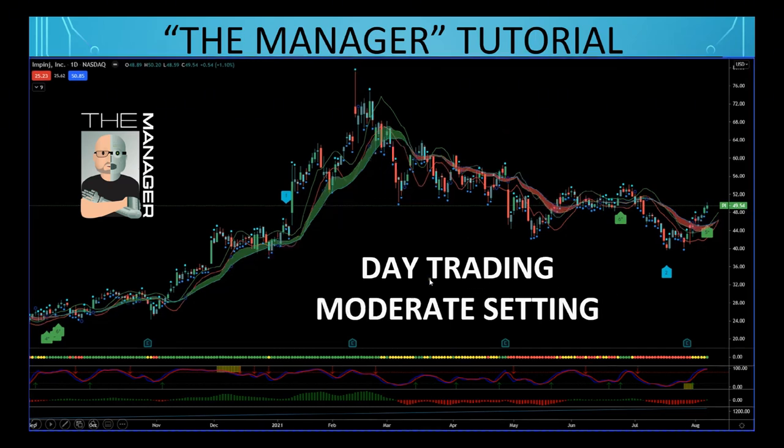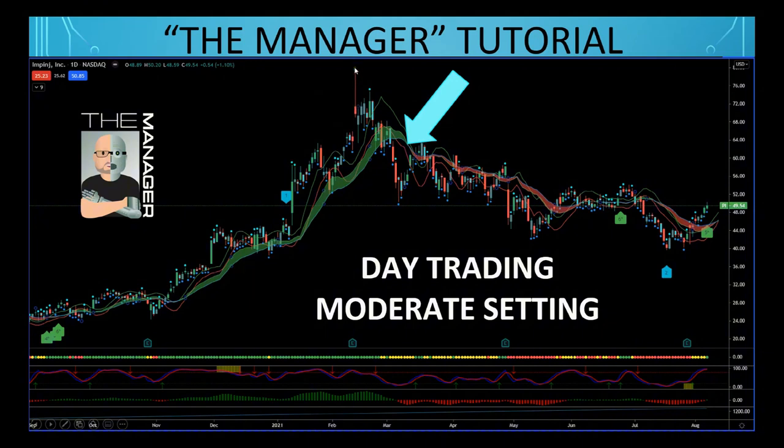Or what about going to day trading moderate setting? In this case, your profit would have been taken out around $62 here. So you've got those settings, but recognizing, and again, each one of these candles is a day, so you don't need to be in front of the computer 24 hours a day to recognize this when swing trading. You recognize that.